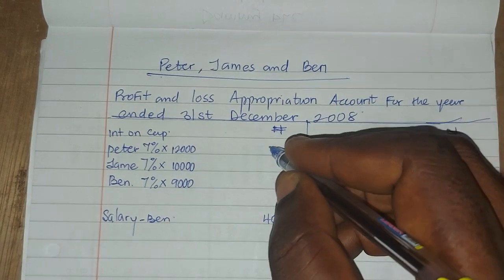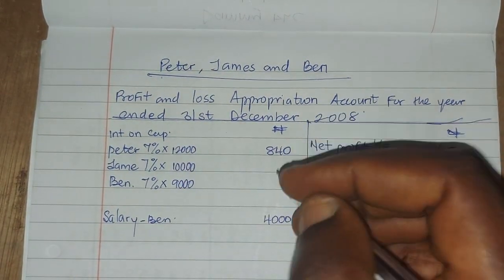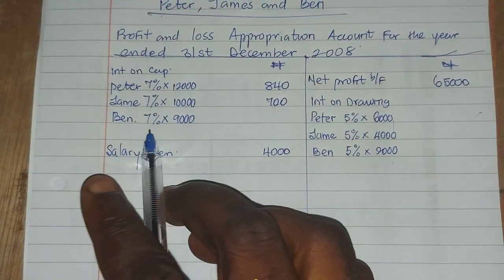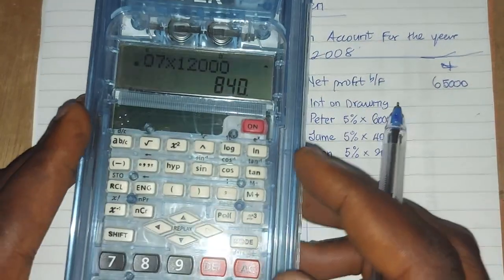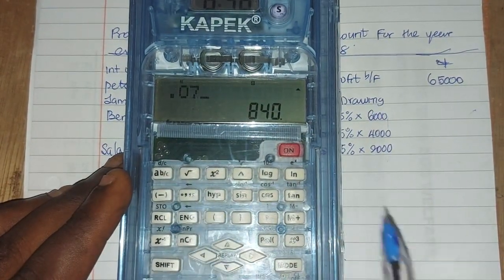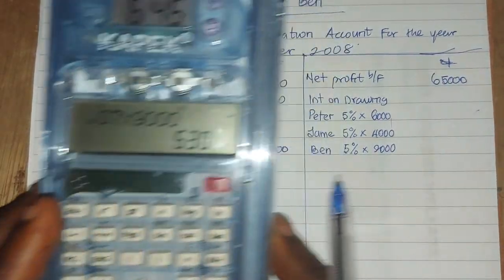So you have 840. 7% of 10,000 is 700. 7% of 9,000, that is 0.07 multiplied by 9,000, that's 630.